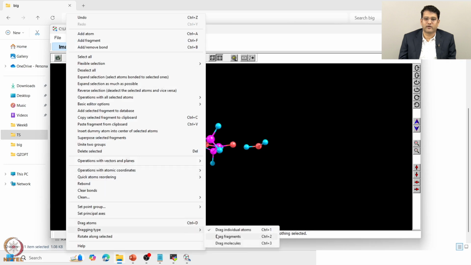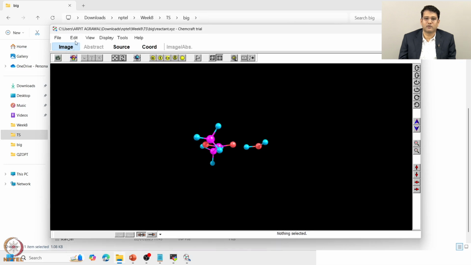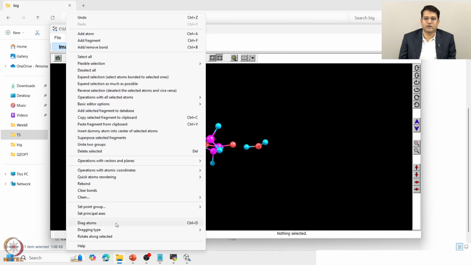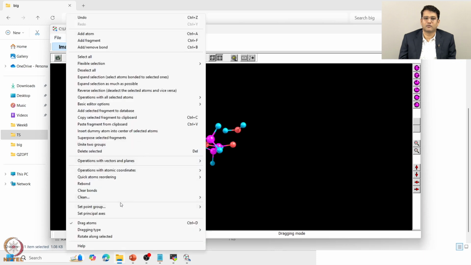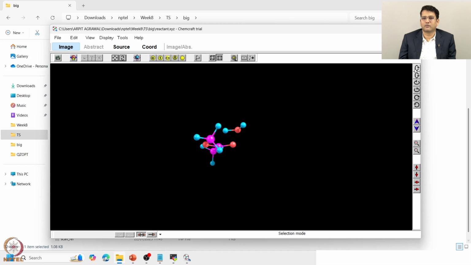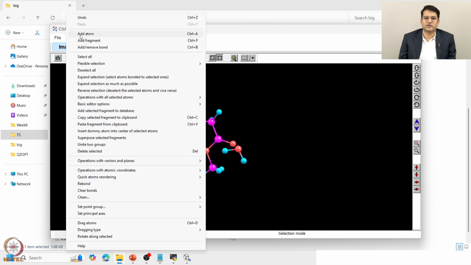So I will go to the dragging type, drag molecule, and drag atom, maybe slightly away from this one. This might be a better orientation. So sometimes this kind of thing you have to do.